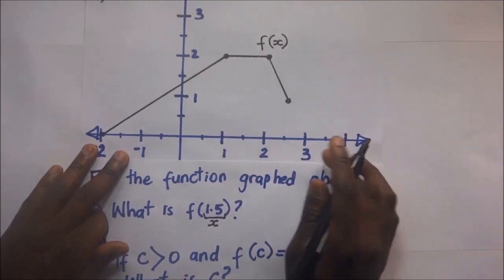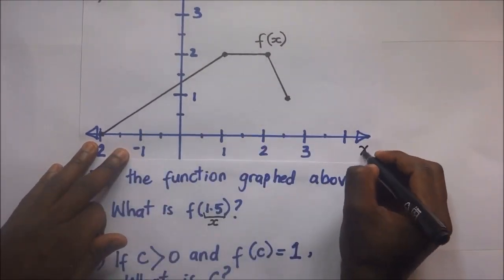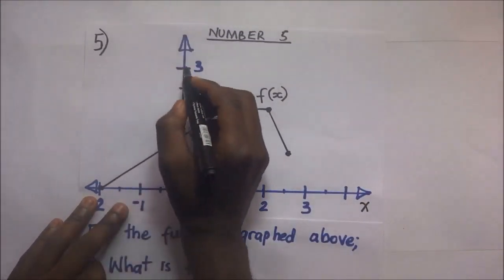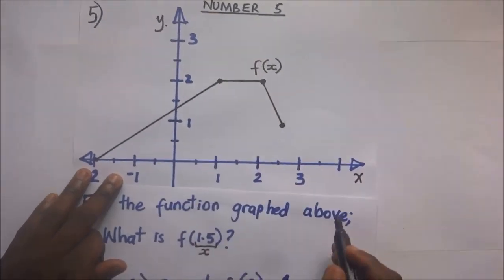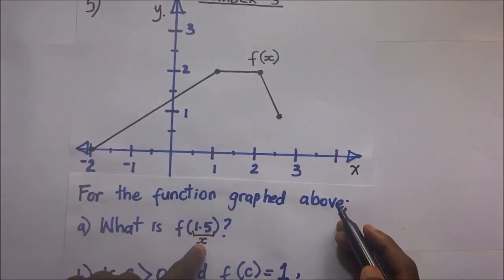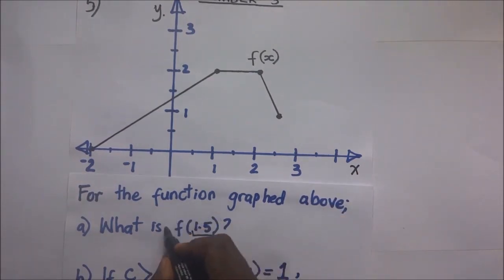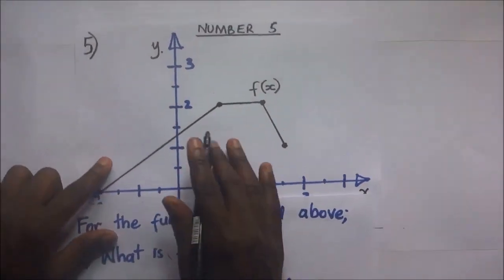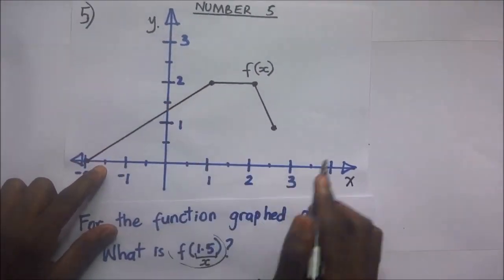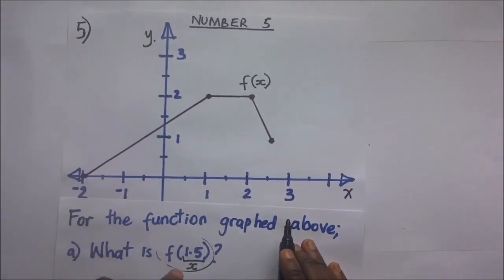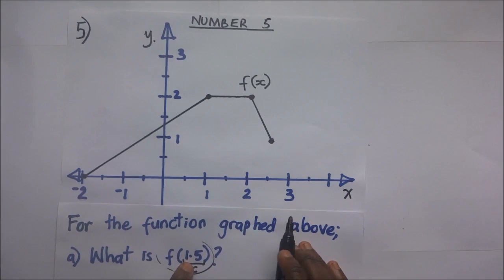So of course this is our x-axis, and this right here is our y-axis. So now when they say f of x when x is 1.5, what is this whole function? It's like they are saying what is the value of y when x is 1.5. So we come here and look for where 1.5 is.